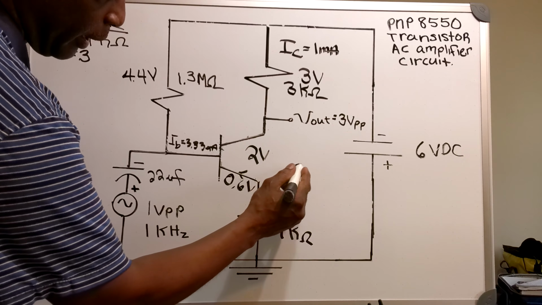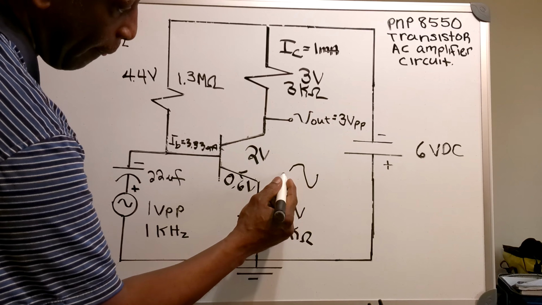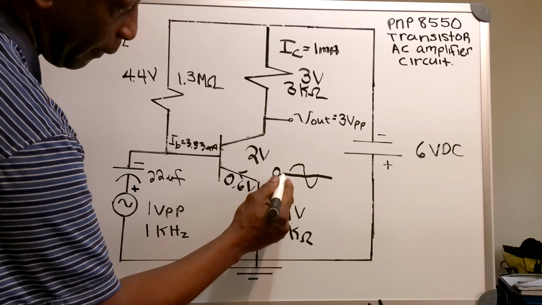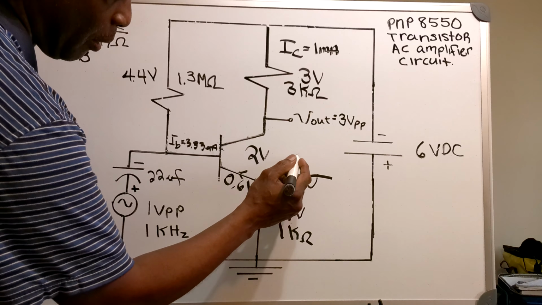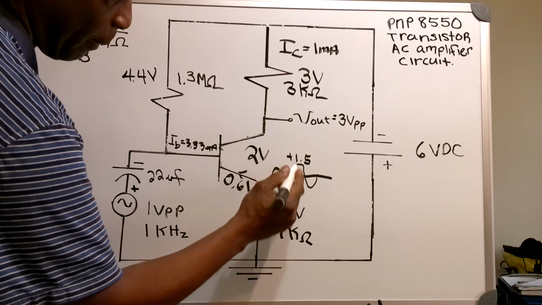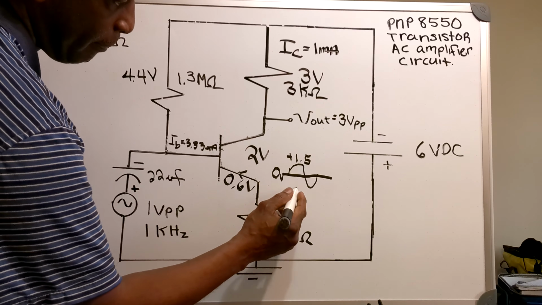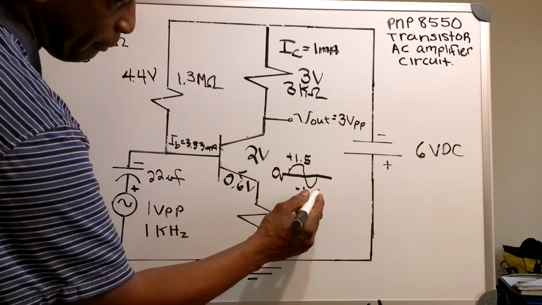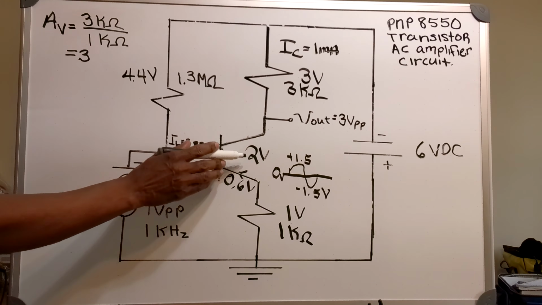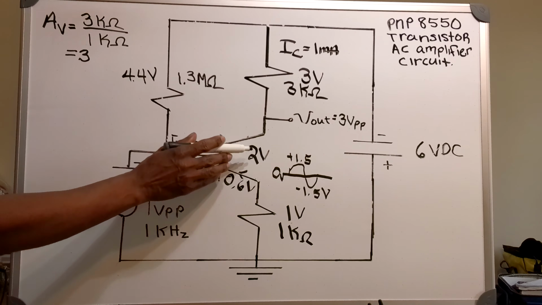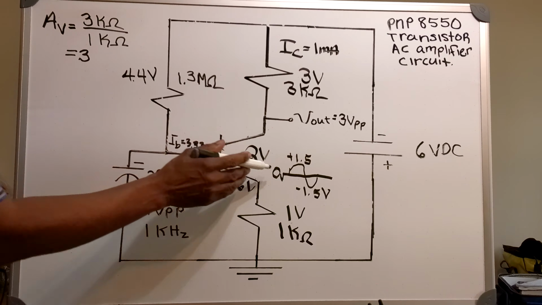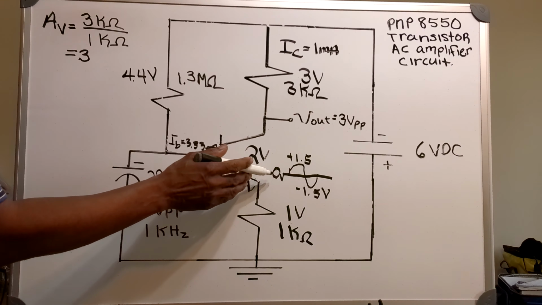Now on the AC side, you're going to have 0 volts here, plus 1.5 volts here, and a minus 1.5 volts here. Now you also have 3 volts from here to here, which means that you will have a 3 volt DC offset.